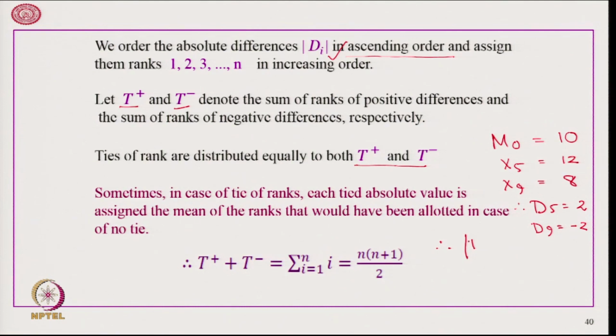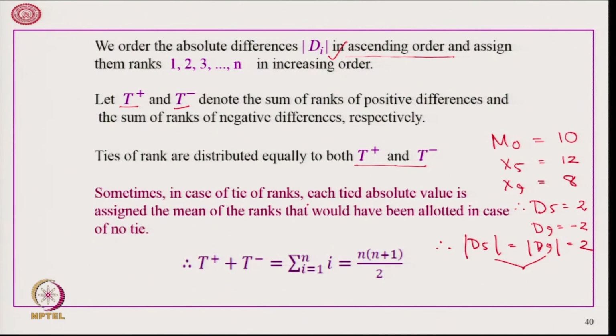Therefore, modulus of d 5 is equal to modulus of d 9 is equal to 2. Therefore, in the ascending order of the d i's, these two will be tied. What to do? What we typically do is, we assign the average values there, as I will explain later.